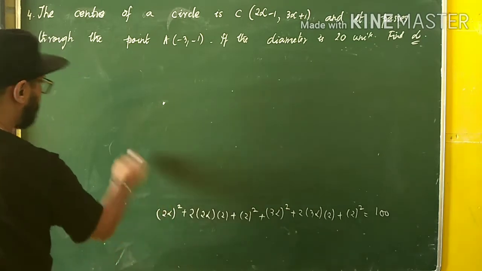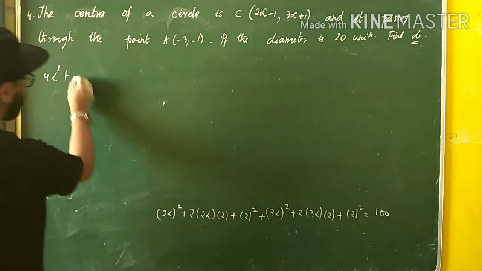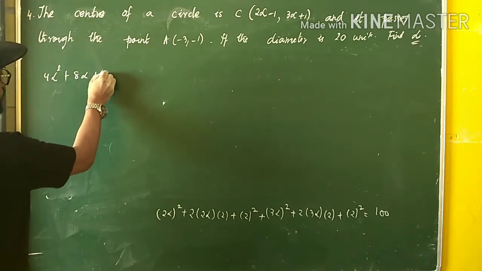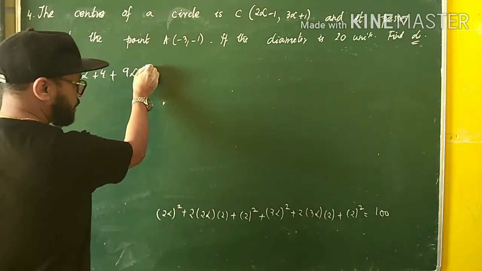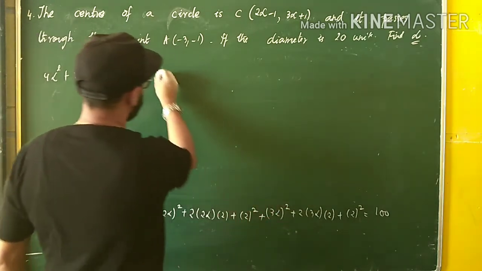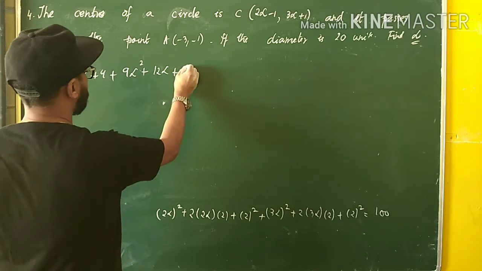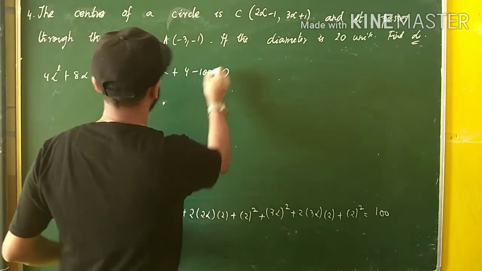So this will be 4 alpha square plus 2 2s are 4, 4 2s are 8 alpha plus 4, plus 3 3s are 9. So this is 9 alpha square plus 3 2s are 6, 6 2s are 12 alpha plus 4. Now let's take 100 to this side, equal to 0.